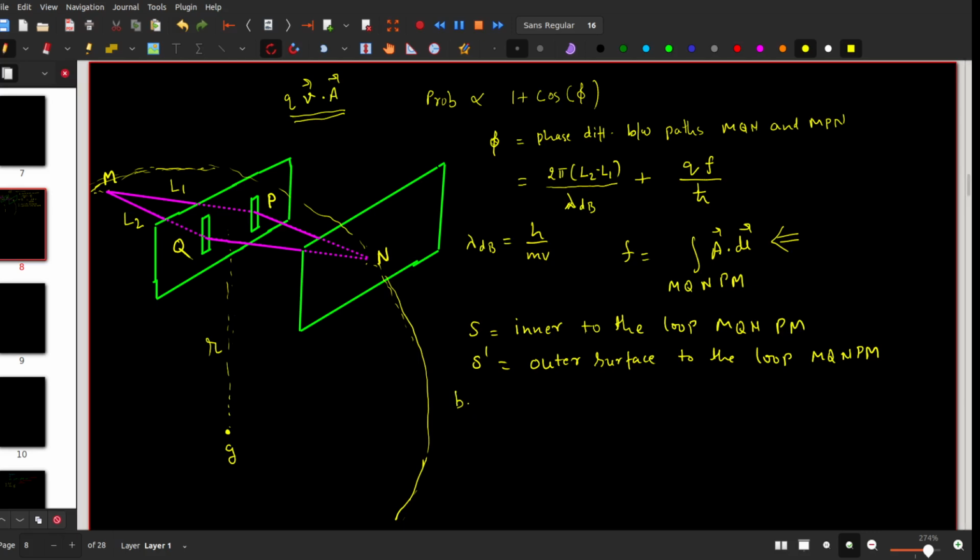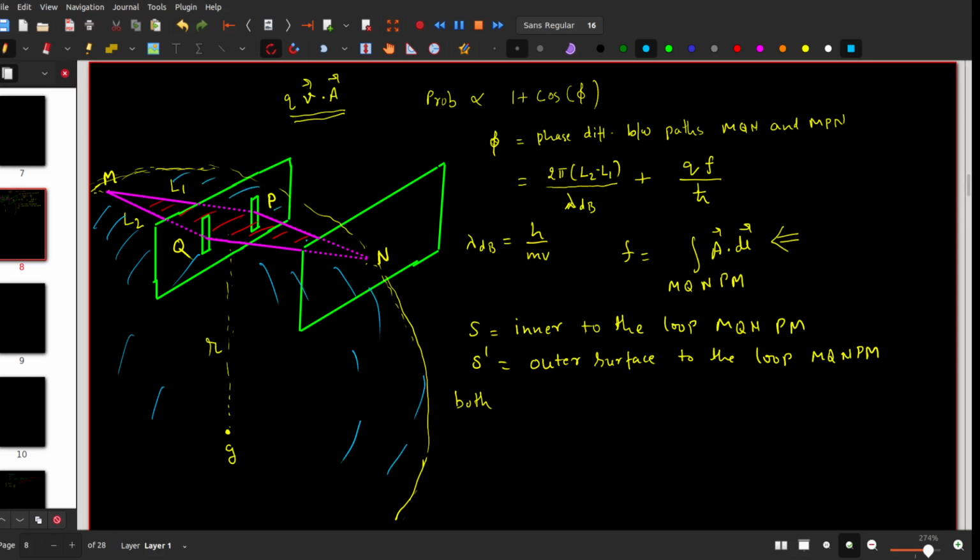This is the surface S, which is bounded by M, Q, N, P, M, which is the inner surface, and the outer surface bounded by this loop is this outer surface, this part of the sphere.